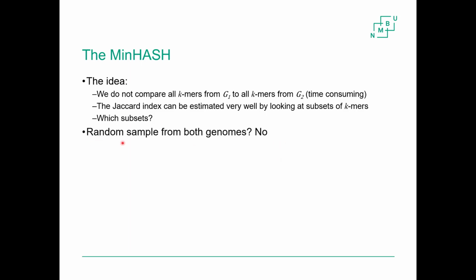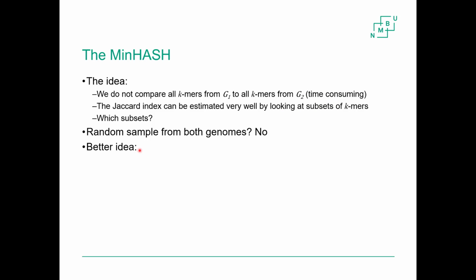Should we sample at random from both genomes? No, this turns out to be a silly idea. I will try to demonstrate shortly why this doesn't work at all. It works only if the random sample is almost the size of the two genomes. And if you have a subset which is almost as big as the set itself, then no time has been saved, right?